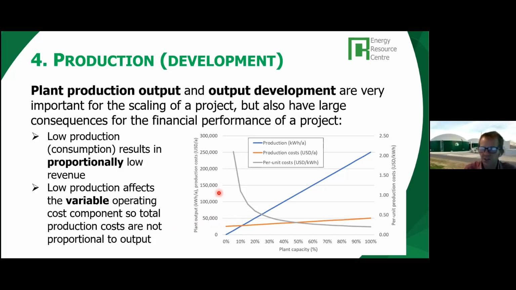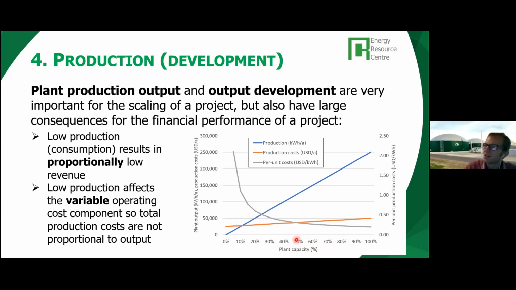You see in this graph, for example, the production per year in kilowatt hours per year as a function of plant capacity, and you see a production cost which has the fixed component, and due to the variable component, it increases with increasing plant output.